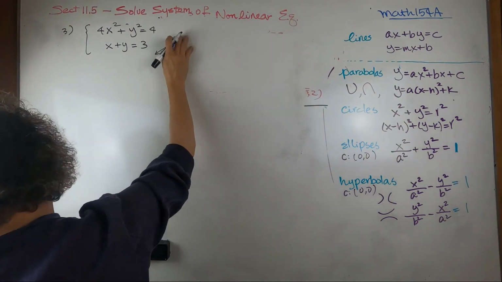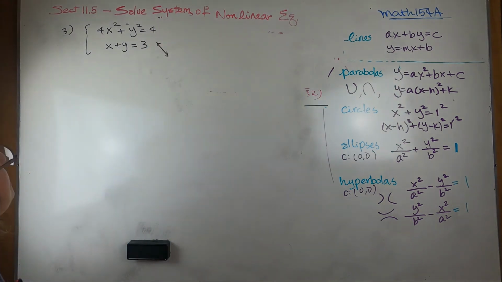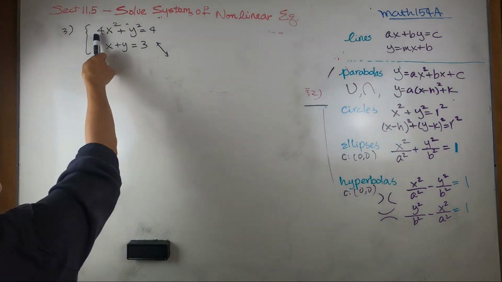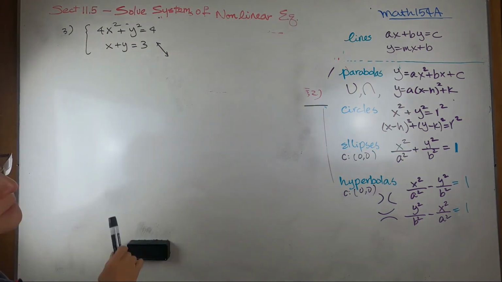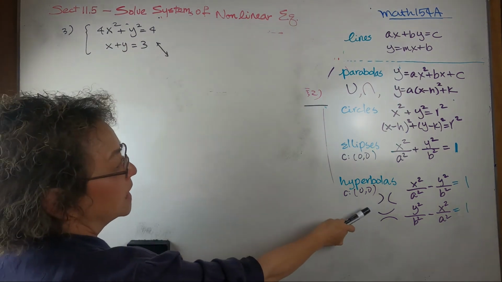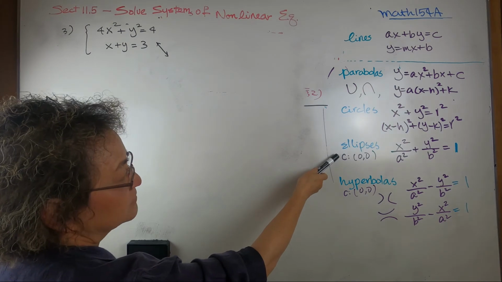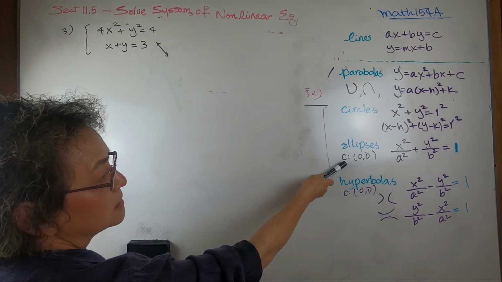Either that way or it comes down this way, okay? How about the first one? For a circle, you have to have x squared plus y squared, but we have 4 in front of it, right? It doesn't look like a circle. Then since it's a plus, it's not a hyperbola. So only ellipses are left.